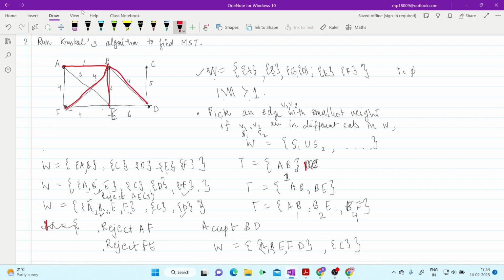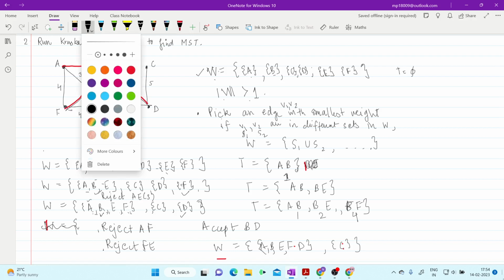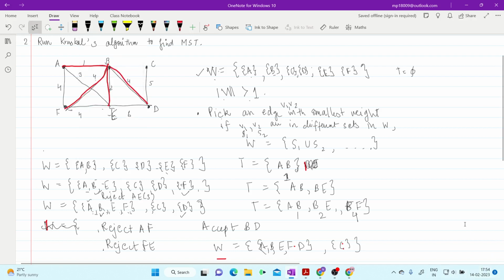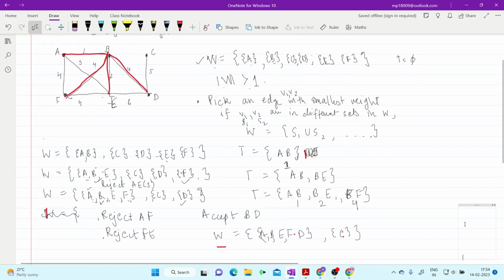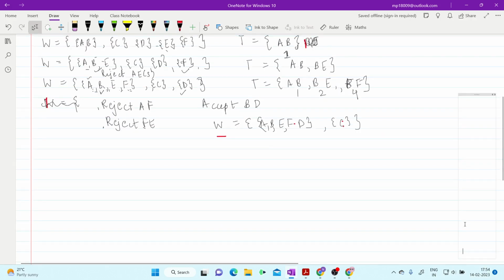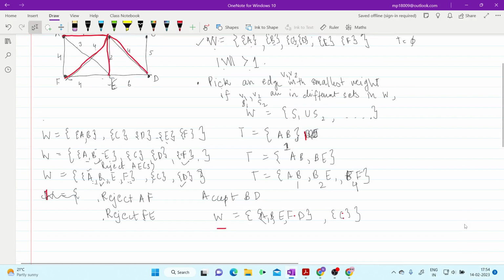And now what's the next edge? Now we see that after 4, the next edge is CD, weight 5. And C and D are lying in different components. Therefore, we accept CD.